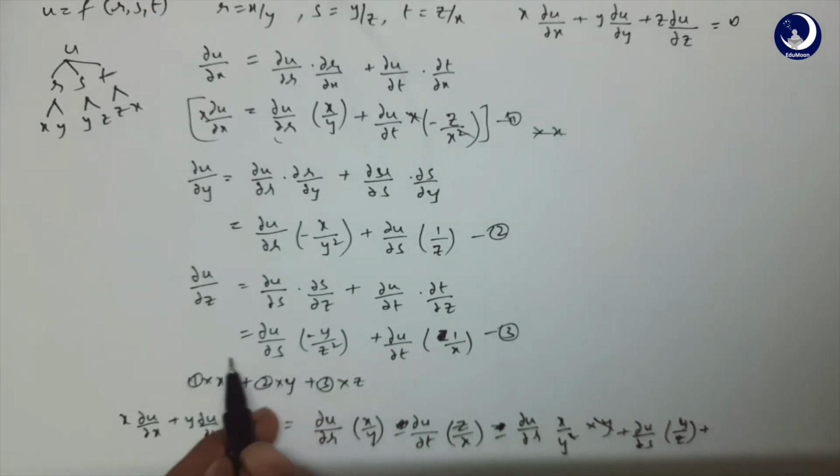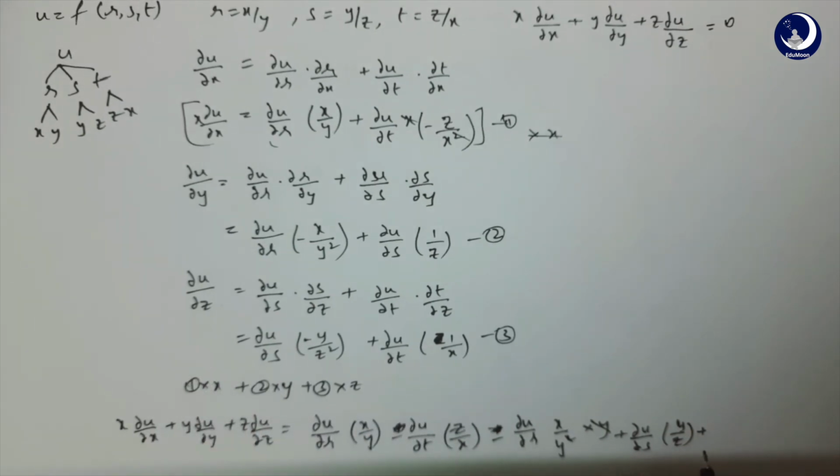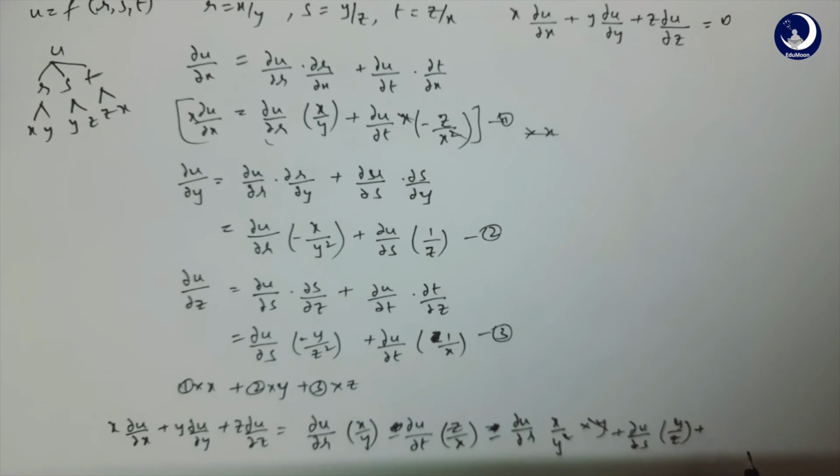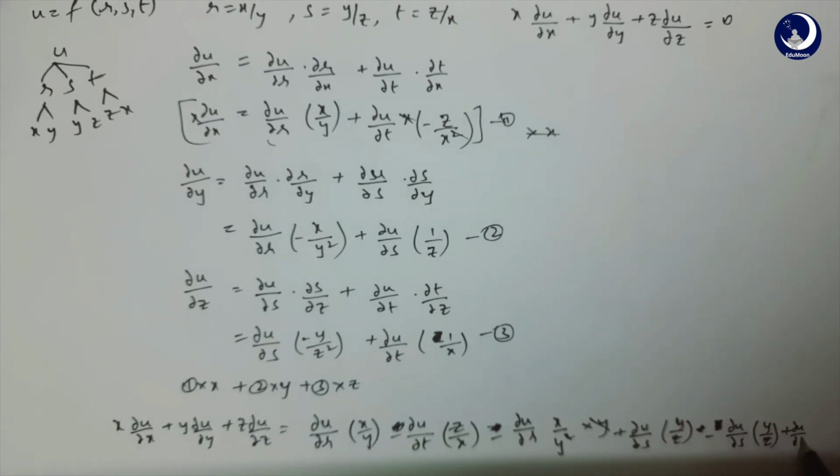And we're multiplying this whole equation with z. That gives us minus ∂u/∂s into y by z plus ∂u/∂t into z by x.